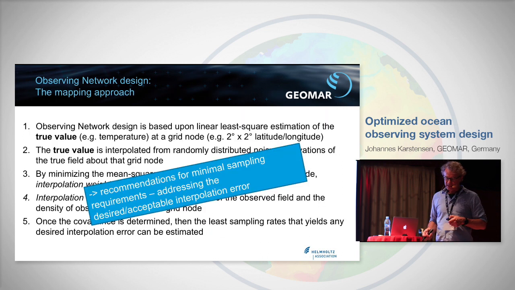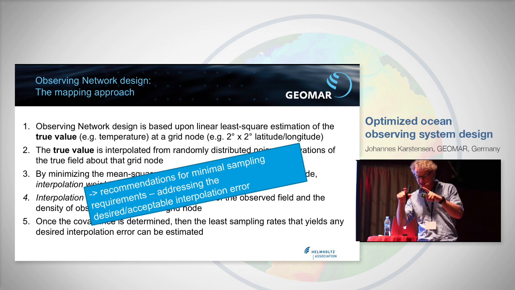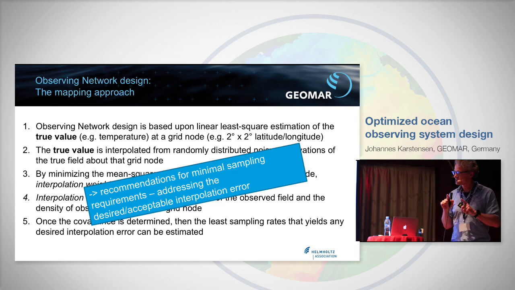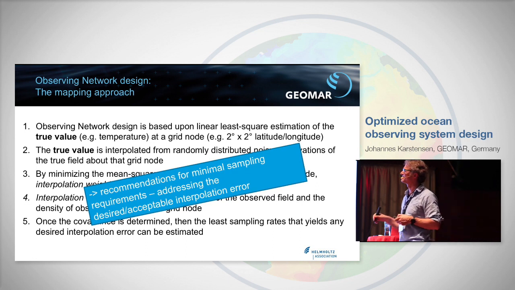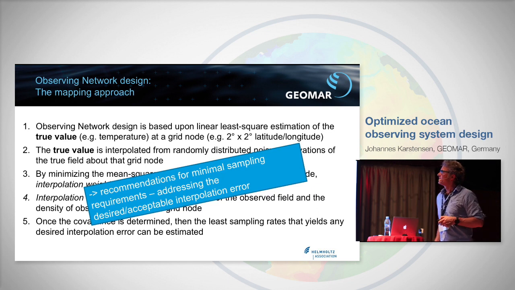So what is often being done in coming up with an observing design is something which could be called the mapping approach. It's probably wrongly written. Okay. So this is the approach that is also being used, for example, for Argo design.